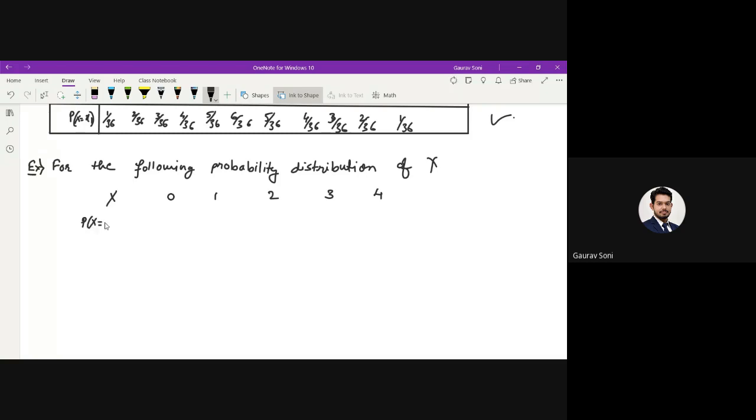Probability at X equal to small x is k, 3k, 5k, 2k, and k. Find the value of k.